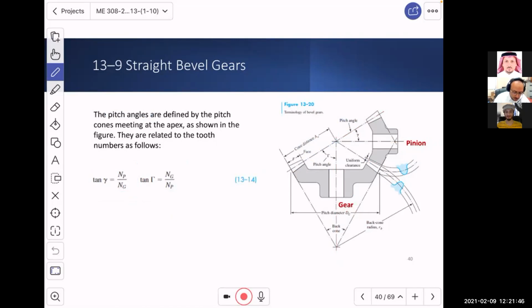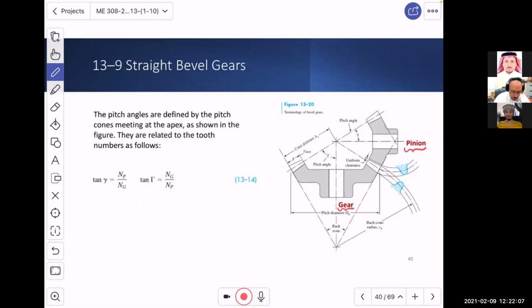We have here the pinion and the gear, based on the convention that the smaller one is the pinion and the bigger one is the gear. Now, with that in mind, we will introduce the pitch angle. What is it?